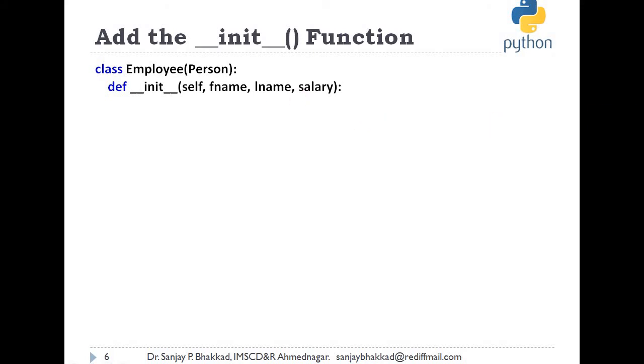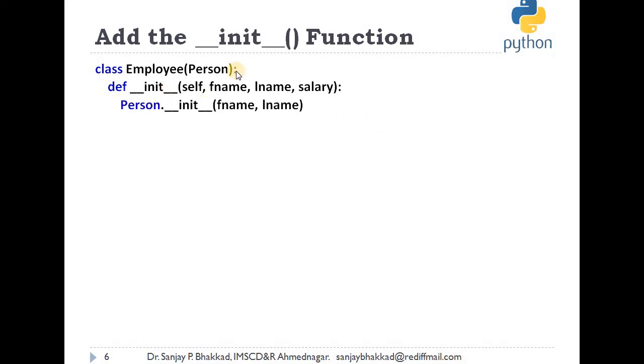But note that when you add the init function in your child class, this child's init function overrides the parent's init function. Here function overriding has happened, and hence to use the parent's init function, we need to add a call to the parent's init function.